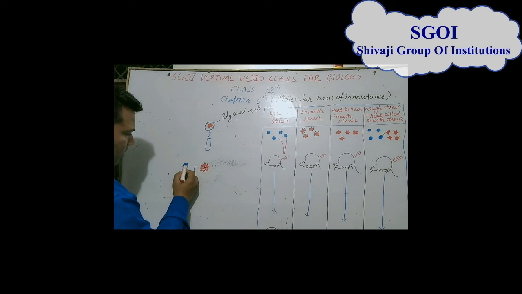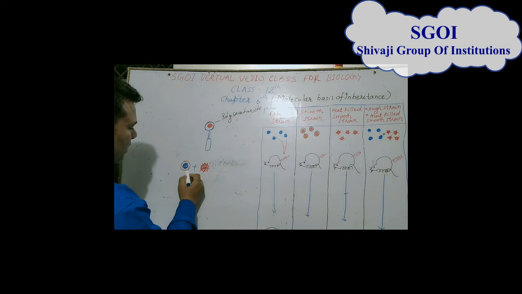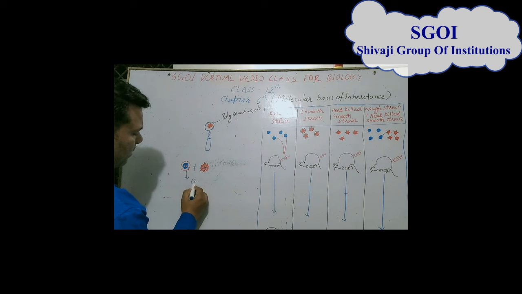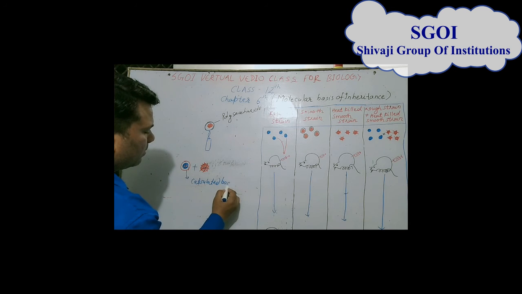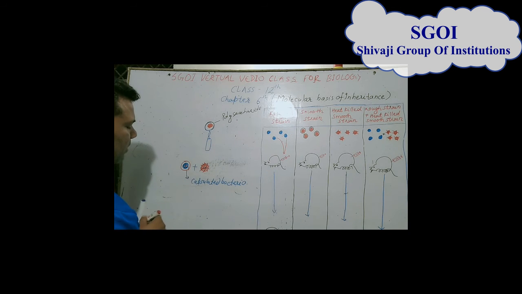and this DNA, having a gene responsible for developing a capsule around it, passes into the rough strain. So it becomes a capsulated bacteria, which is virulent in nature.